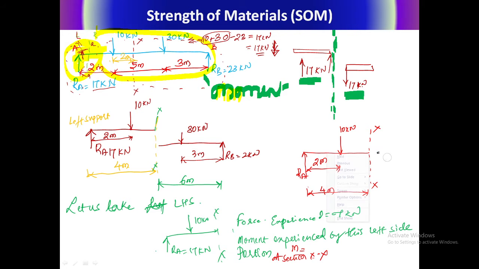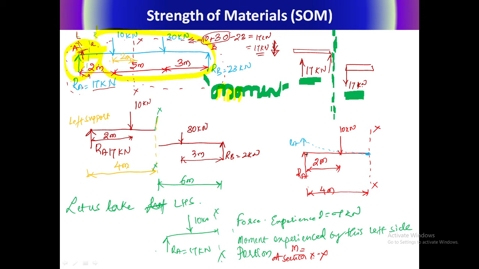What is the effect of RA on this beam? Whether this RA force tries to push the beam in upward direction or in downward direction? Upward direction, sir. So let us take that this tries to make the beam move upward. Do you agree with this?